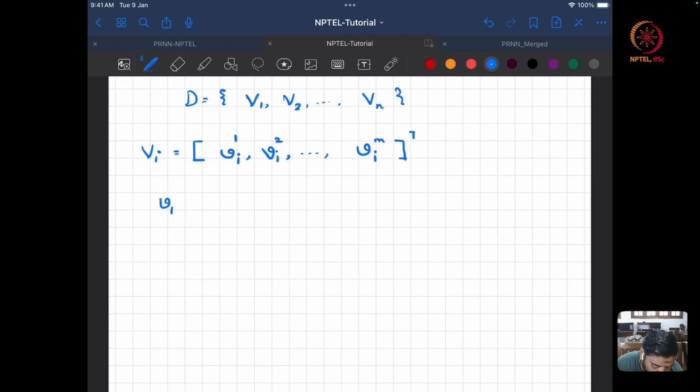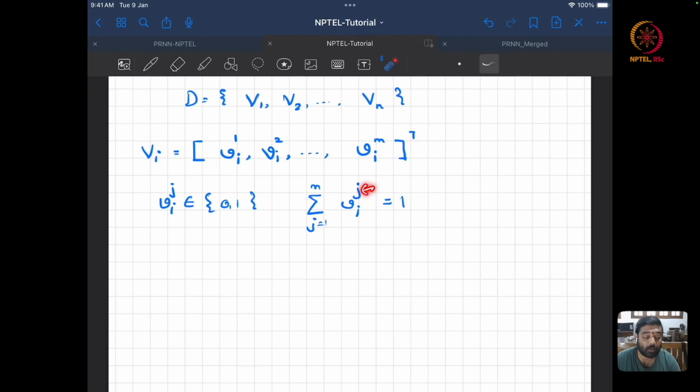Any vij, now this is the ith example's jth component, belongs to 0 or 1, and if you sum over all j, j equal to 1 to m, vij is 1. See, i is for the example, the instantiation, and j is for the component.